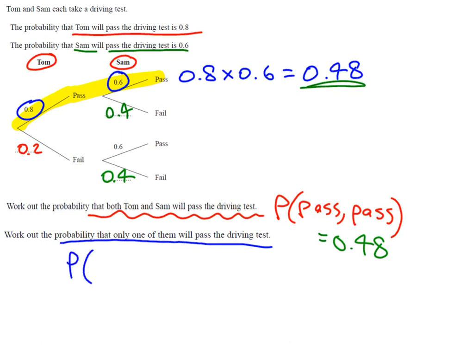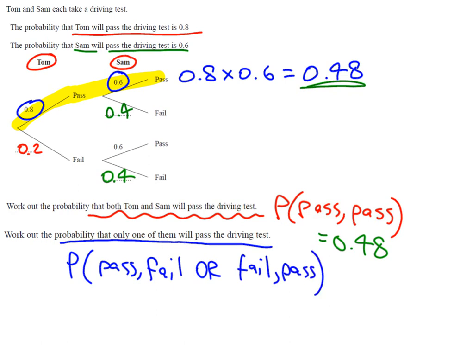Next one: work out the probability that only one of them will pass the driving test. So that means you can get a pass from Tom and then a fail from Sam, or a fail from Tom and a pass from Sam. So let's look at the routes that we're interested in. It's going to be a pass and a fail, or a fail then a pass.